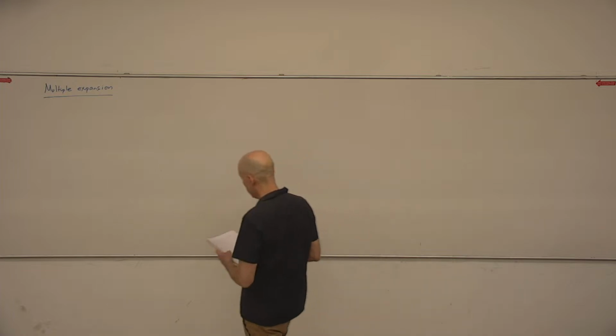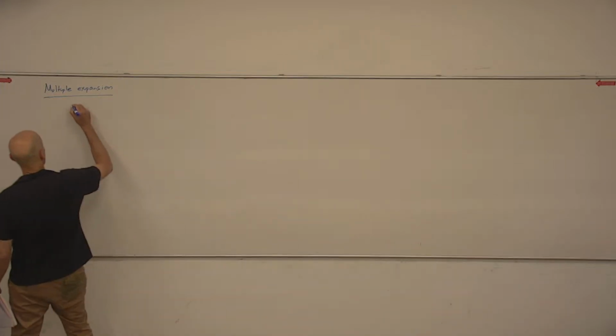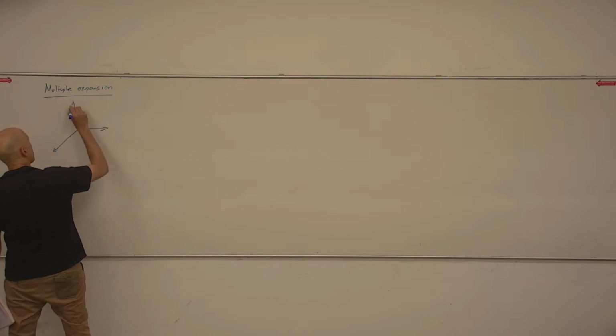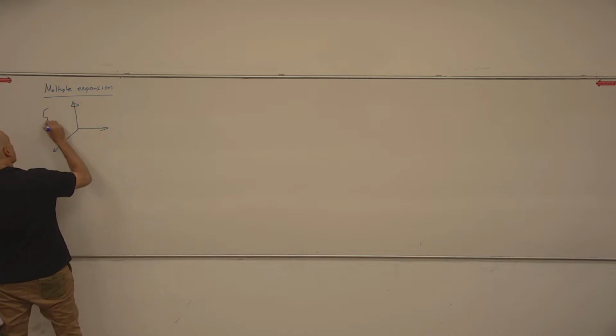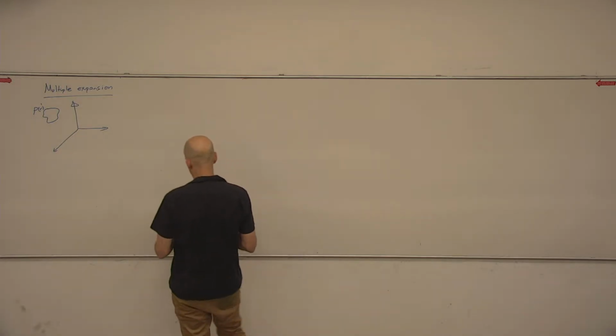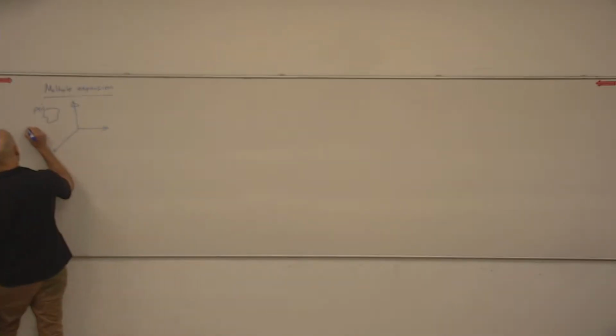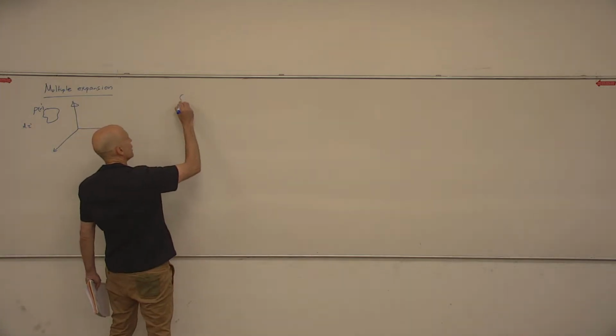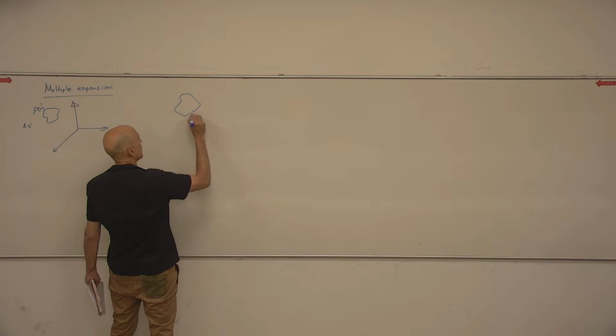So the reference frame that I want to use, I'm defining first of all some reference frame, and I have here some charge density rho of r prime, and a unit volume d tau. So let us write this. What do I mean by this?